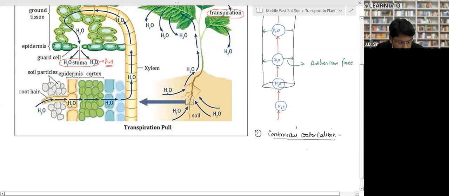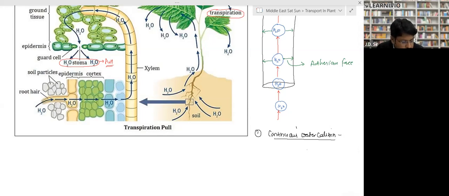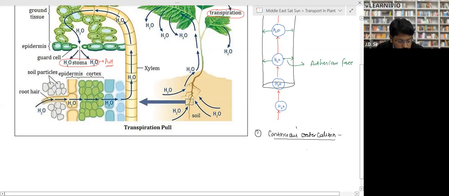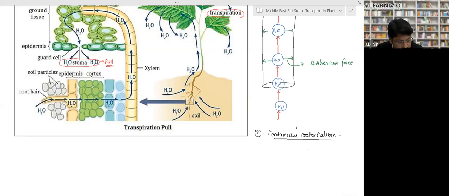There is a continuous column of water from root through stem into leaves. Full stop.